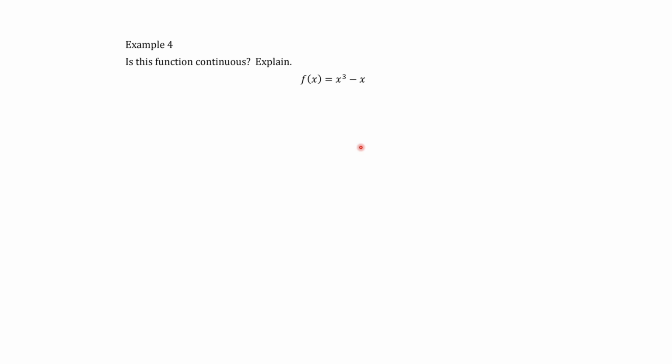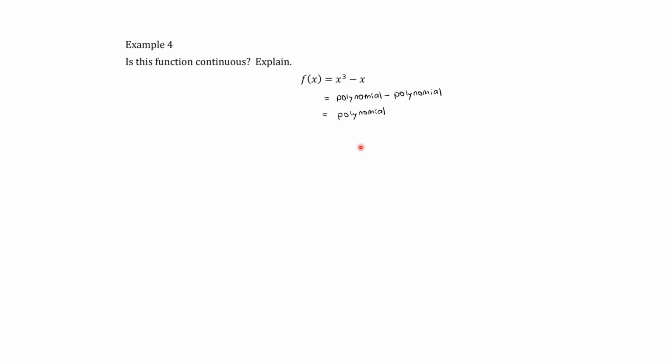So really, what do we have here? X cubed is a polynomial, x is a polynomial. So here I'm going to have polynomial minus a polynomial, which is still a polynomial, right? I am not dividing anything. I'm not factoring anything.